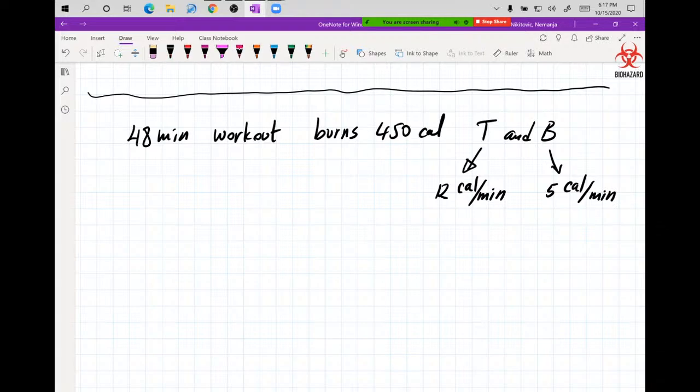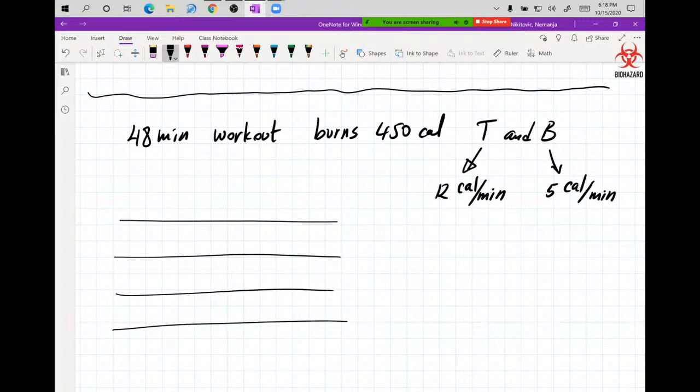Now, this is something that you can actually figure out using the old equations, because the chart for this looks the same. If you remember the chart from before, you're going to have your treadmill over here, your bicycle, and your total.